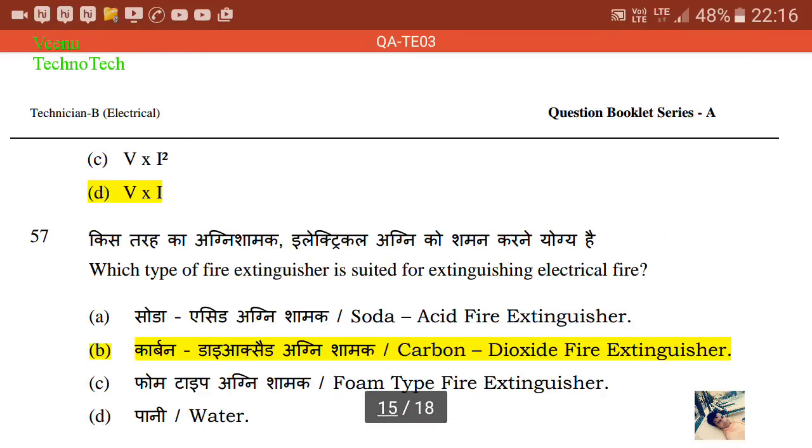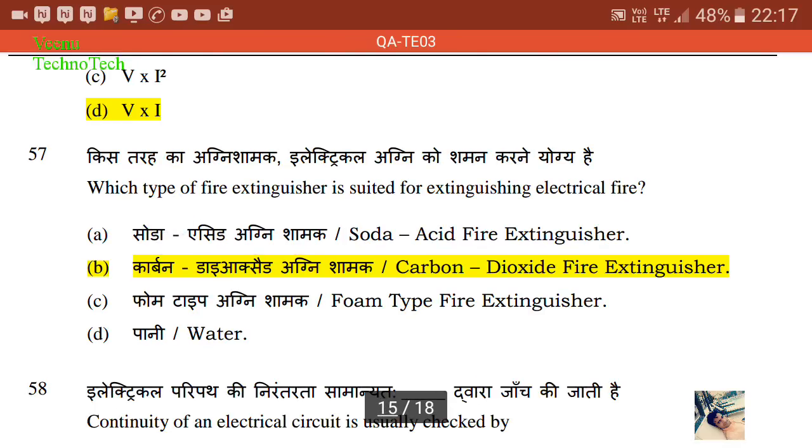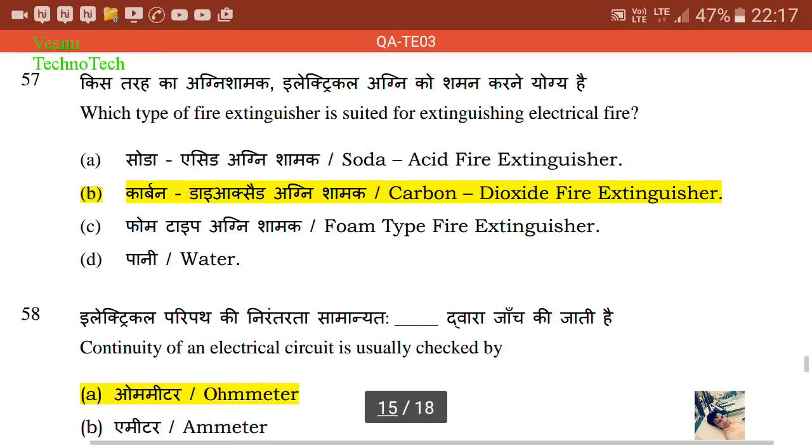Next, which type of fire extinguisher is suited for extinguishing electrical fire? Carbon dioxide. So correct answer is B. Water you can't use because of electric shock. And soda acid fire extinguisher you can't use because of acid. And foam type fire, obviously not.